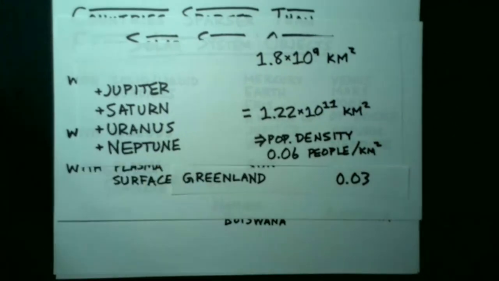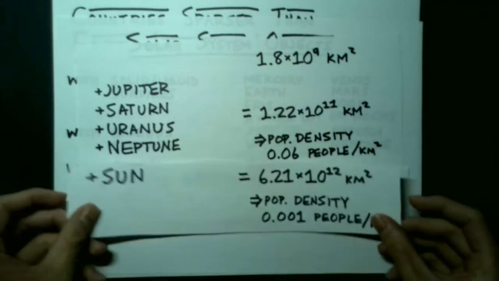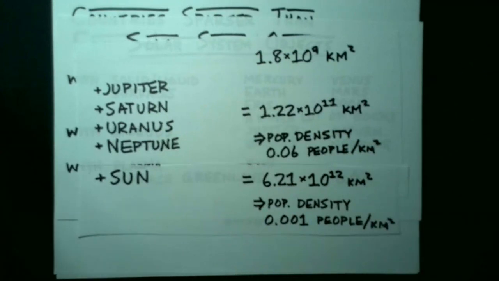Much lower than Mongolia's population density, but indeed higher than Greenland's. Adding in the Sun's surface area, we get 6.21 trillion square kilometers, for a population density of 0.001 people per square kilometer, which is lower than Greenland's.